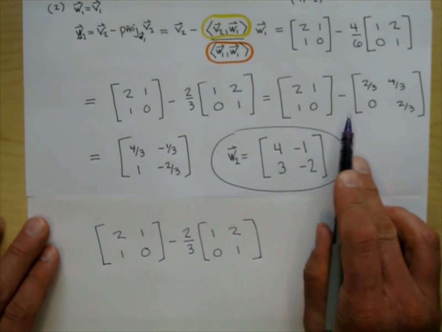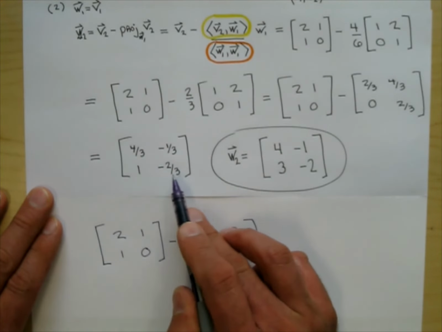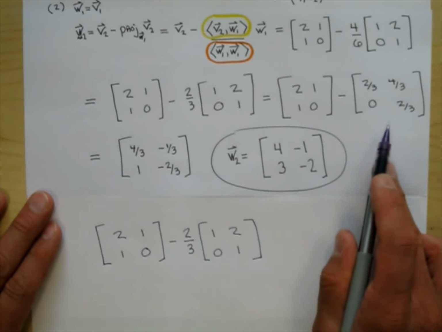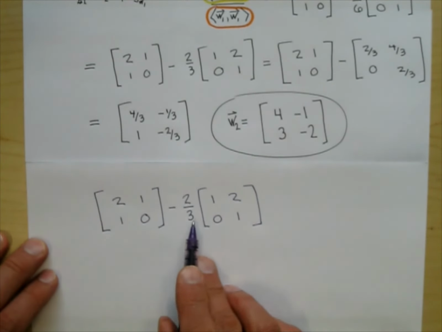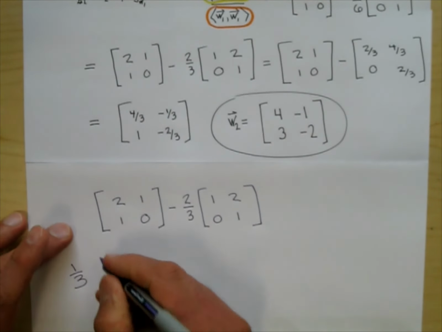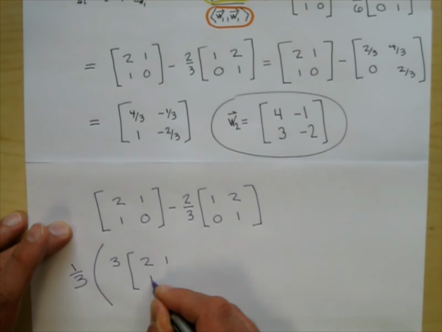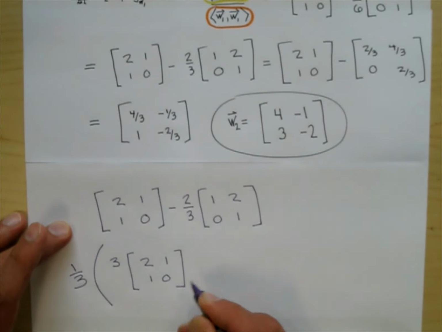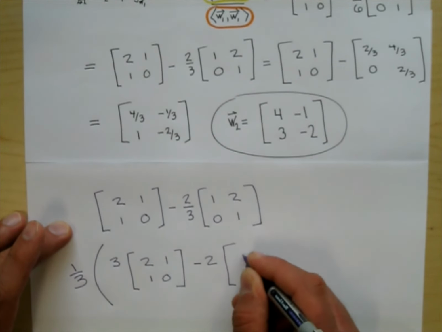So remember over here, I went ahead and multiplied the 2/3 through, and then I was struggling to do my fractions. Another way we could have done this, I'm not saying you have to do it this way, is I could have factored a 1/3 out front. Now when I do that, I have to put a 3 in front of this one. And then over here, this is minus 2 times this one.